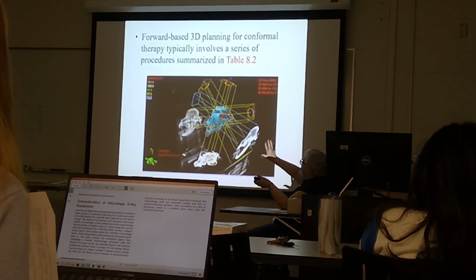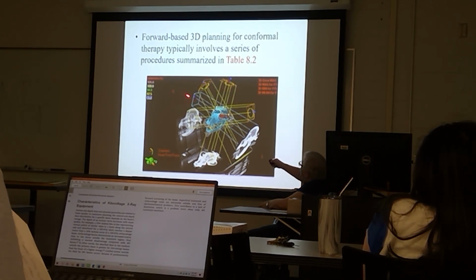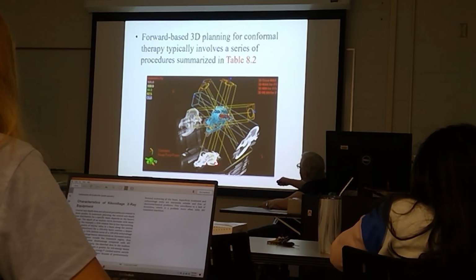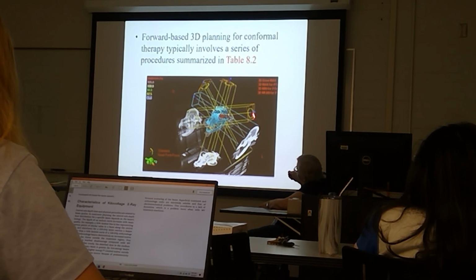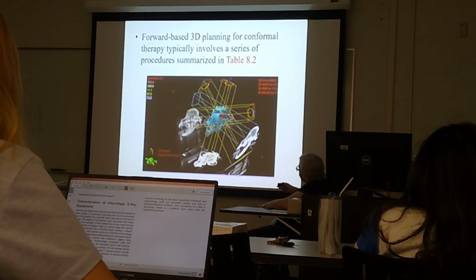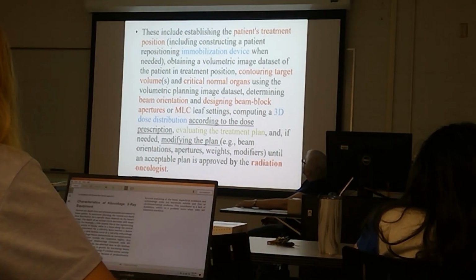You can actually manipulate the computer screen so it will do a 3D model. So here's all the fields. 1, 2, 3, 4, 5, 6, 7. It looks weird this way, but when you see it on the screen, it really is neat how you can turn it around.